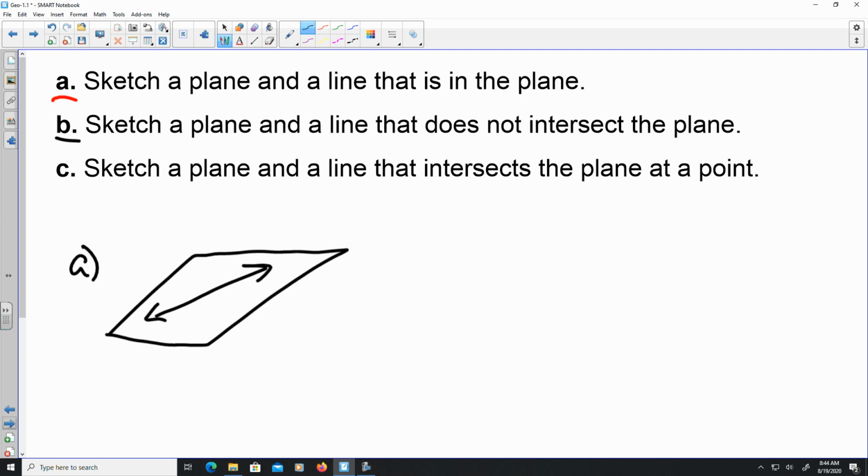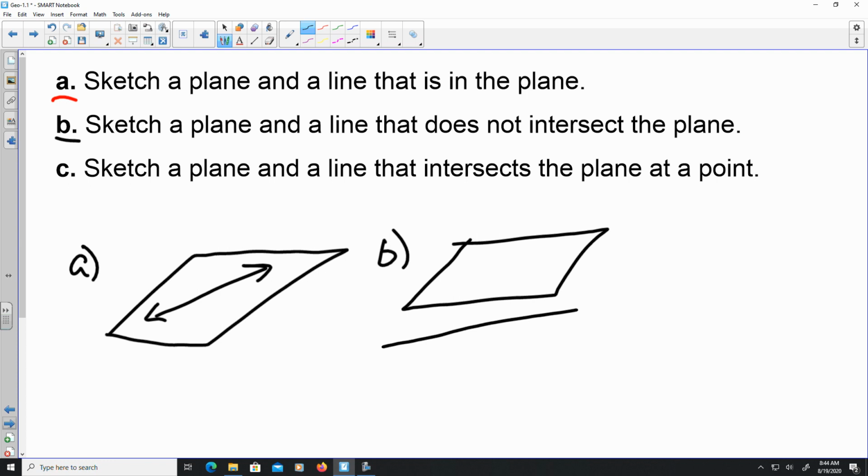Next, part B, they want you to sketch a plane and a line that does not intersect the plane. So you can do something like this. So I got my plane and here's my line.